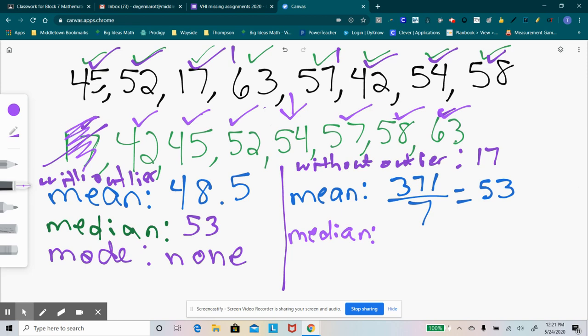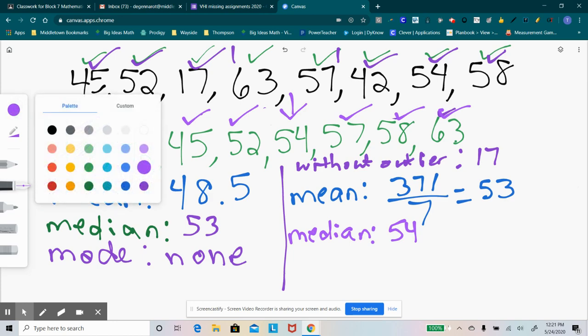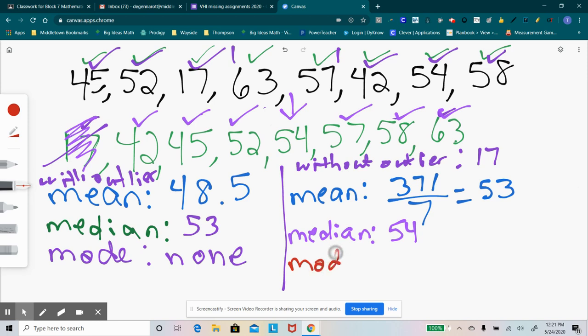It's going to go directly to that odd number in the middle. So our median is 54. All right, and then our last is our mode. Okay, so mode. We're going to look for anything that occurs the most, but we just took one away and we didn't have a mode before, so we're still not going to have a mode.